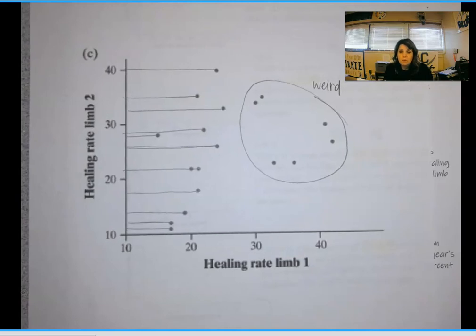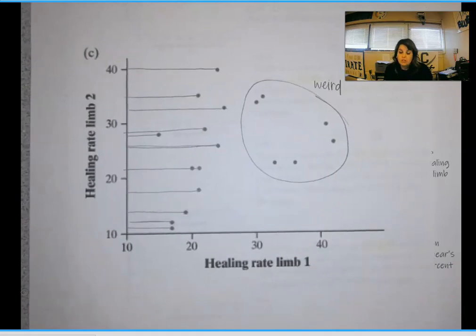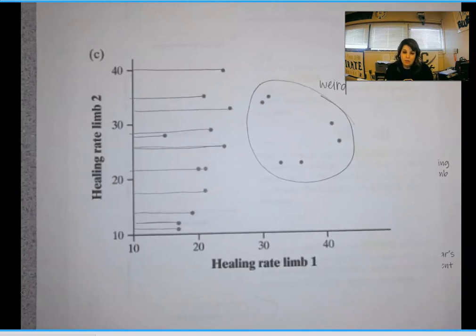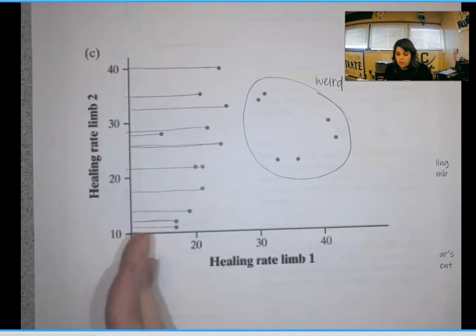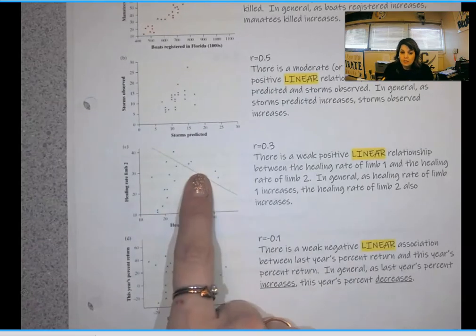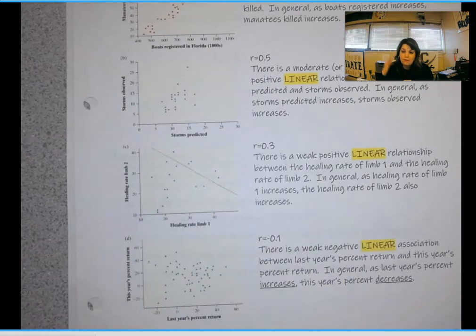If the limb problem was challenging for you, it was challenging for me too. I had to slowly look at what's happening to y as x is getting bigger. That's how I was able to figure out why they are saying this is positive and not negative.